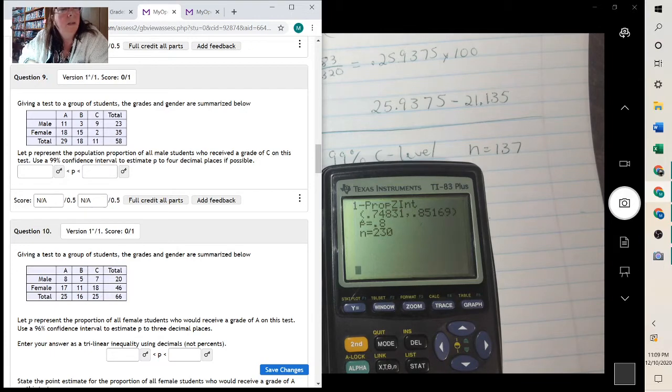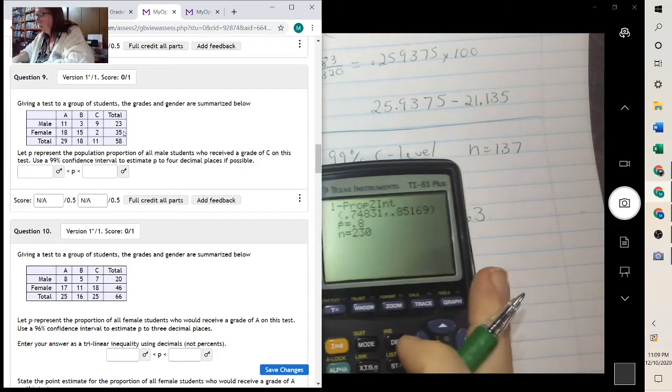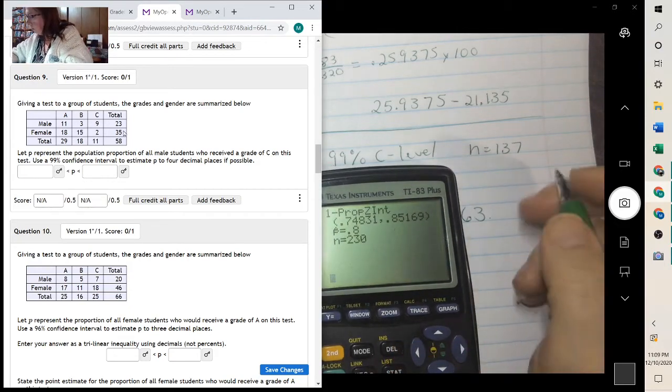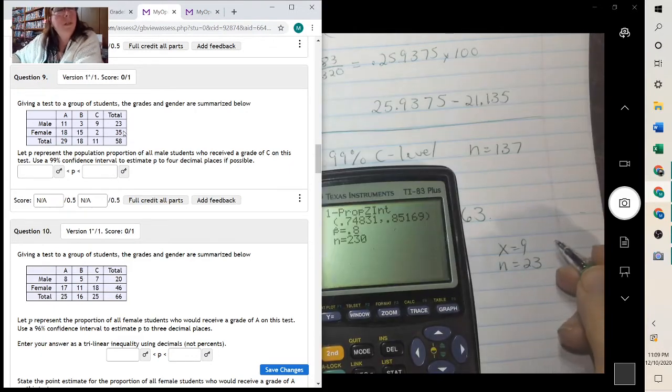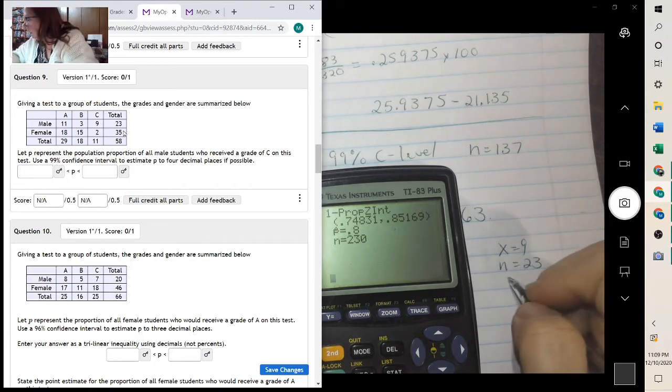P is the population proportion of all male students who received a grade of C. So male C would be 9 of 23. So X is 9 out of 23. And we wanted a confidence level of 99.